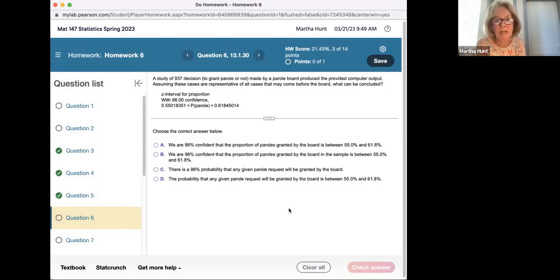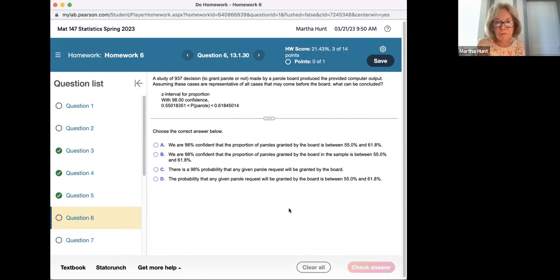A study of 937 decisions to grant parole or not made by a parole board produced the following computer output. Assuming the cases are a random sample of cases that come before the board, what can we conclude? Okay, it's a 98% confidence interval.